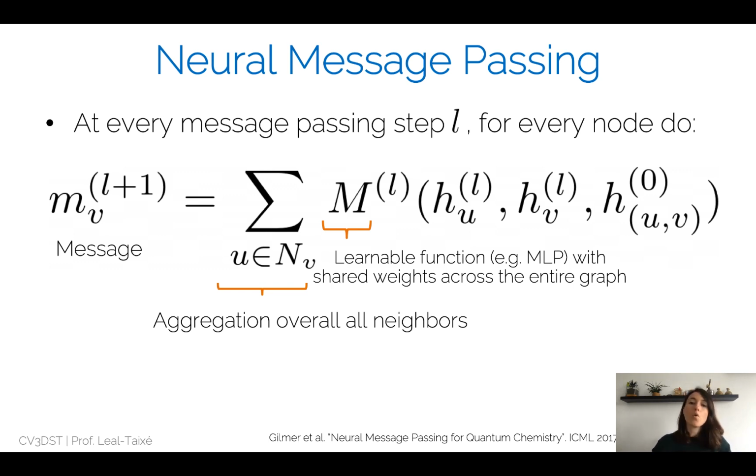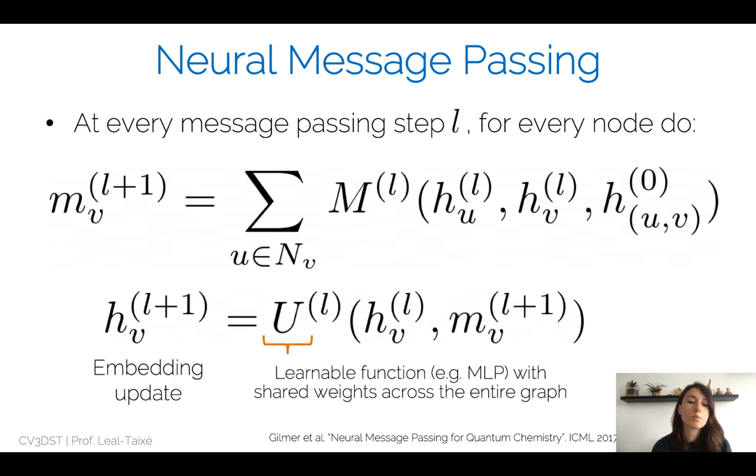So I sum all the information of my neighbors, so it doesn't matter how many neighbors I have, and it also doesn't matter the order of my neighbors. There is no natural order in the neighbors that I want to impose. I just sum all of their embeddings. And I'm going to create this message, right? Which is now kind of an aggregated embedding information.